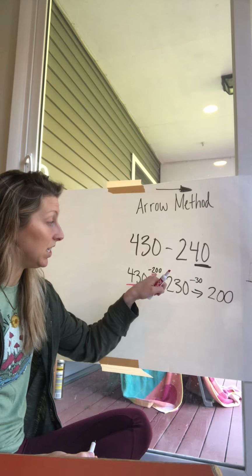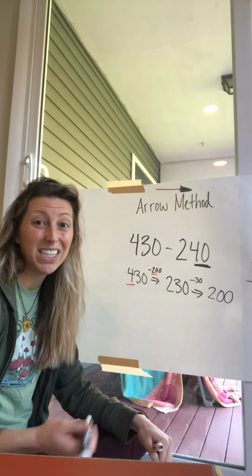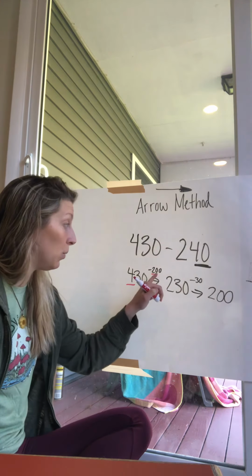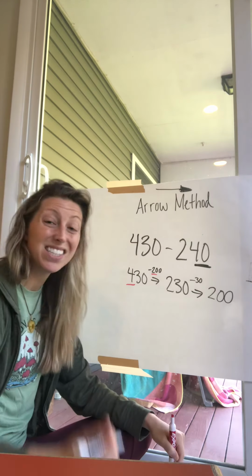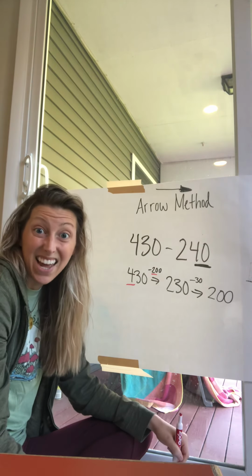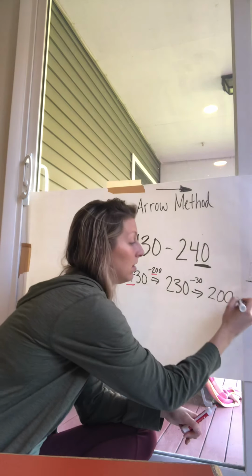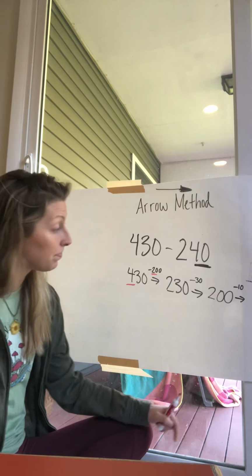No, because we only did 230. We're supposed to take away 240, which means that we need to take away how many more? If you took away 230, but we need to take away 240, that's a difference of 10. So we need to take away 10 to get our final answer.